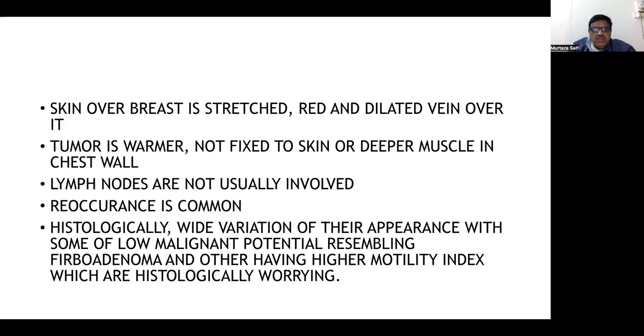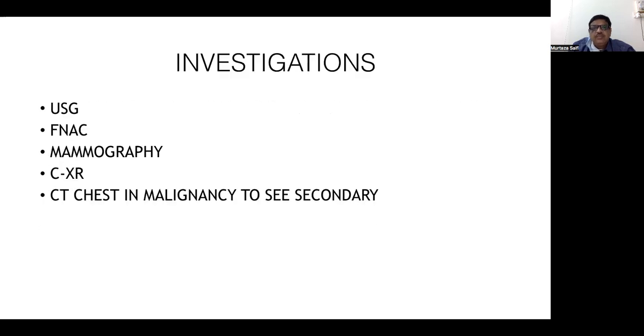Skin over the breast is stretched, red, with dilated veins over it. The tumor is warmer, not fixed to skin or the deeper muscle of the chest wall. Lymph nodes are not usually involved. Recurrence is common. Histologically, there is wide variation in their appearance, with some of low malignant potential resembling fibroadenoma, others having a high mitotic index, which are histologically worrying.